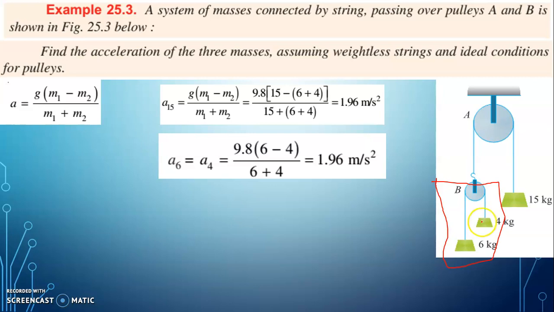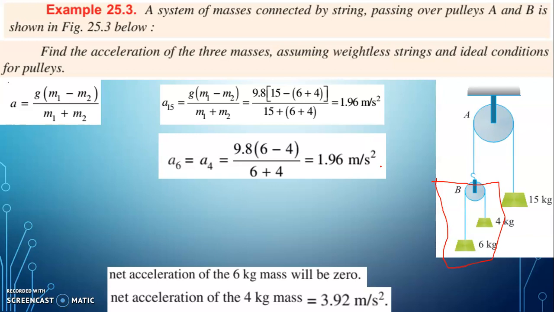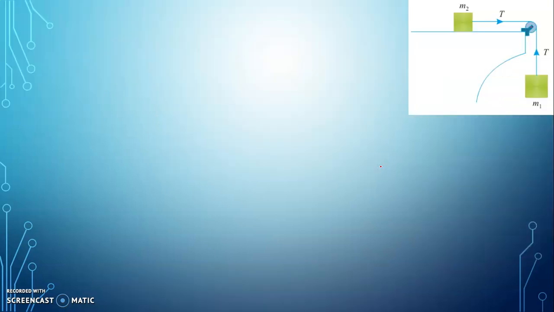Okay. And what about block 6? Block 6 will be moving upward by the 15 kilogram force, and by this system block 6 is moving downward with 1.96 acceleration. The total acceleration of the block 6 will be 0. Okay. Net acceleration of block 6 is 0, and what about the 4? It will be 3.92.